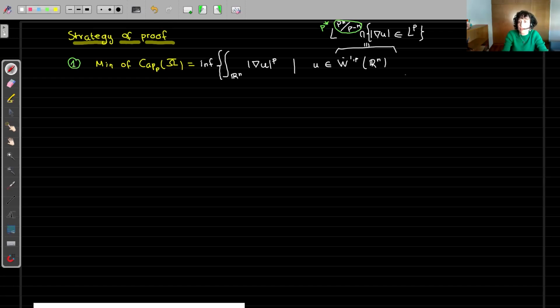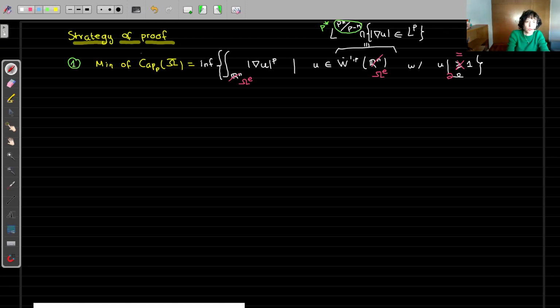So you minimize in this space for functions that are bigger or equal than 1 in omega. But on the minimizer, you will have equality. So you can assume that u on the boundary is 1 and then integrate in the exterior of omega, because in the interior the gradient will be 0. So that's your functional.